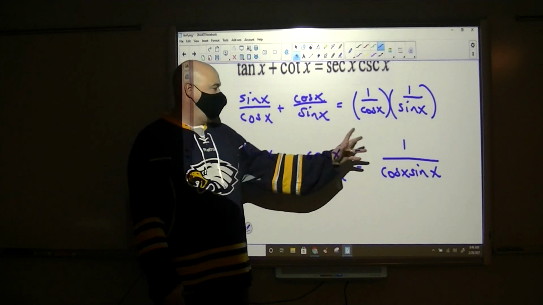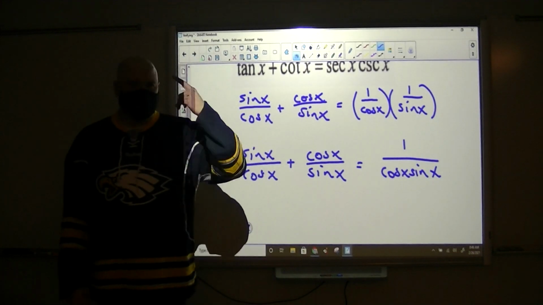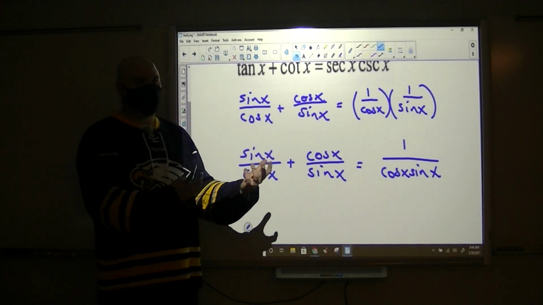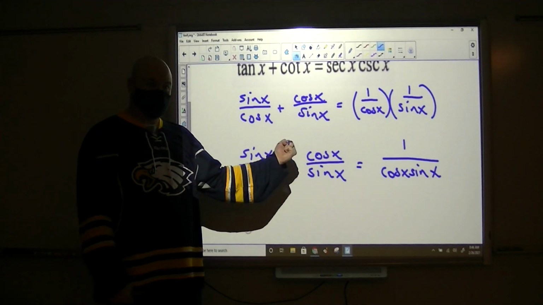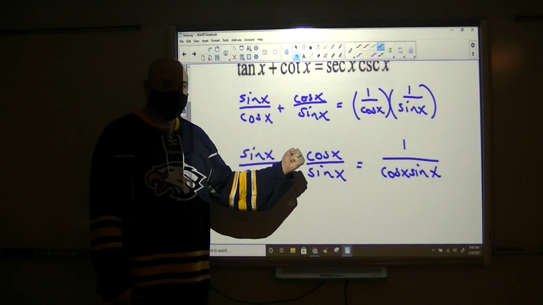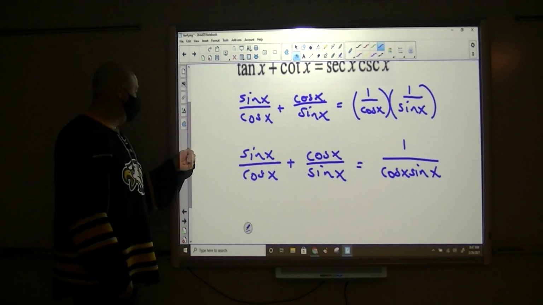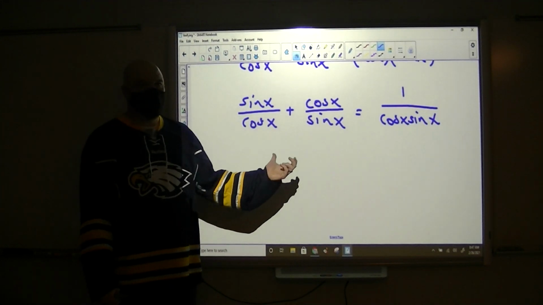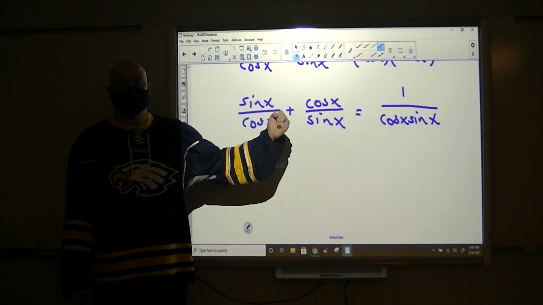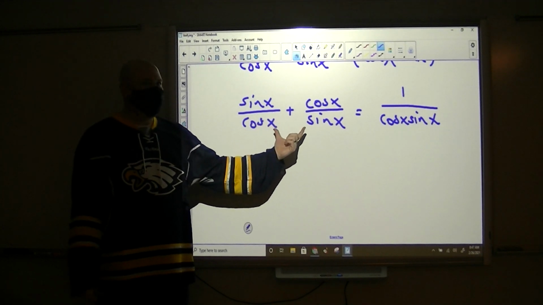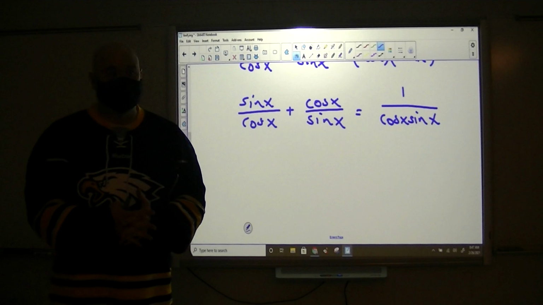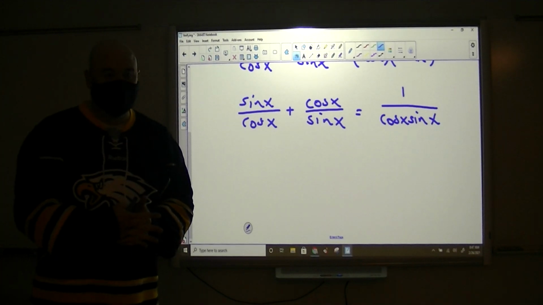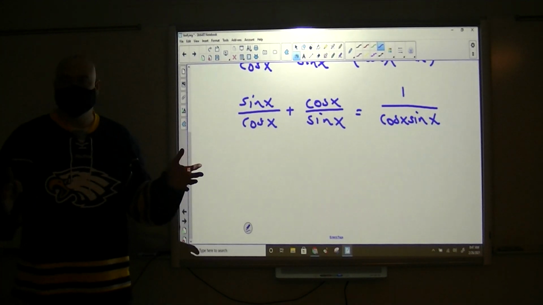Don't look at all the cosines and sines and anything yet. Just think, if I need to show that these two things are the same, then I need these 2 fractions to become 1. And if I want to create this matrimony where 2 become 1, what do I need in order to do that? In order to add these 2 fractions, I need a common denominator.